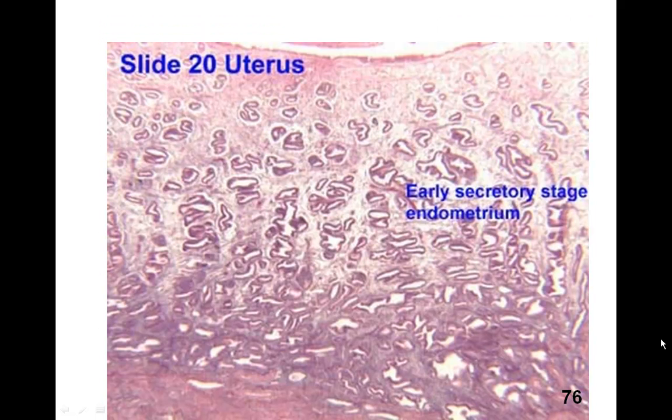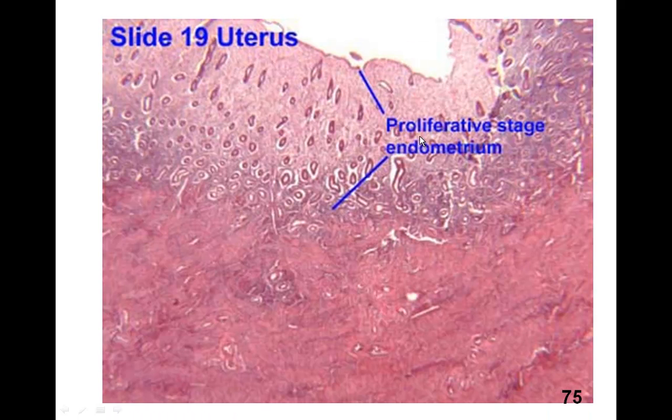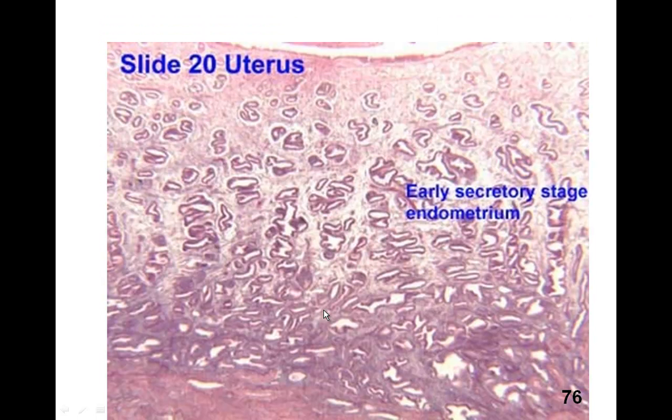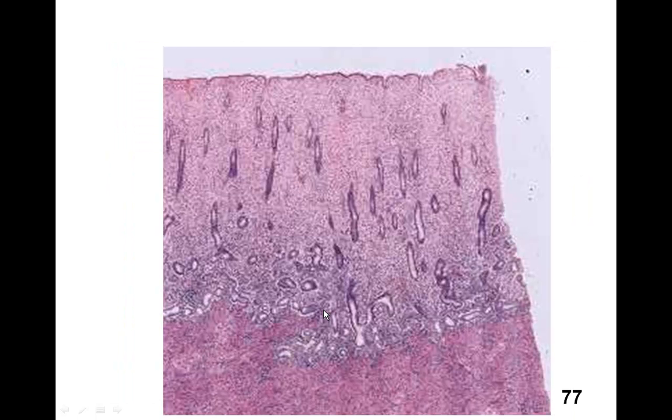Again, for lecture purposes, I simply want you to describe the wall of the uterus during the proliferative stage. But we're not going to worry about the secretory stage and the menstrual stage for lecture. But again, uterus, luminal surface, myometrium, stratum basale, stratum functionalis, and the uterine glands.